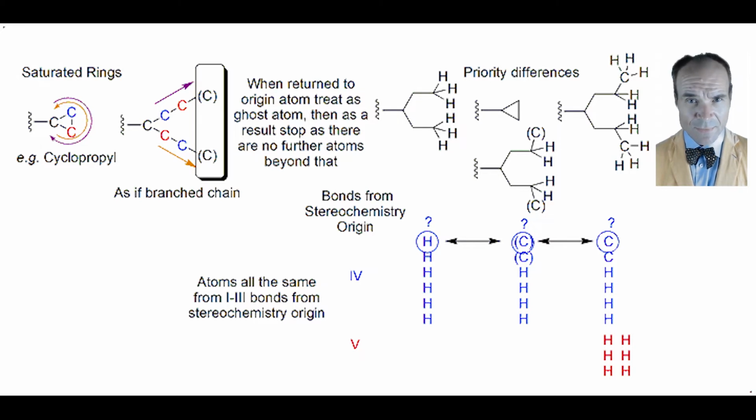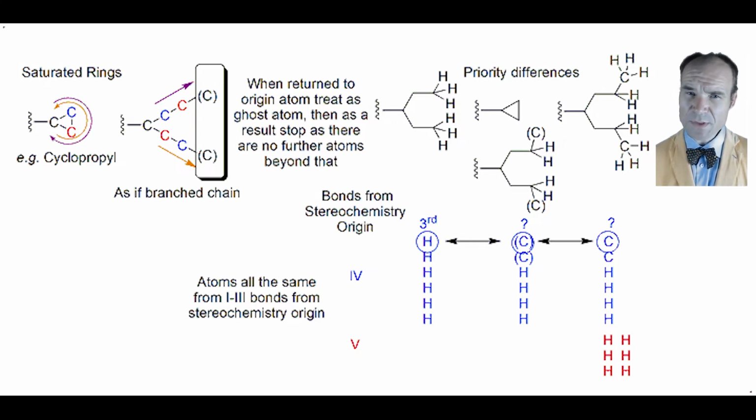In atomic number, that is 6 versus 1, so hydrogens give a lower priority, and the 1-ethyl propyl is the lowest, 3rd priority.